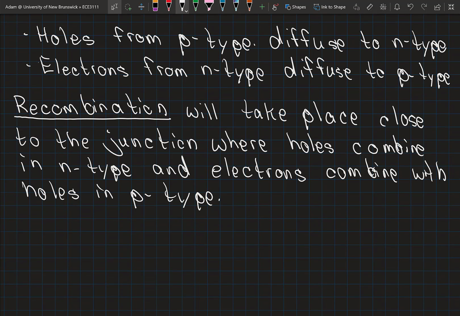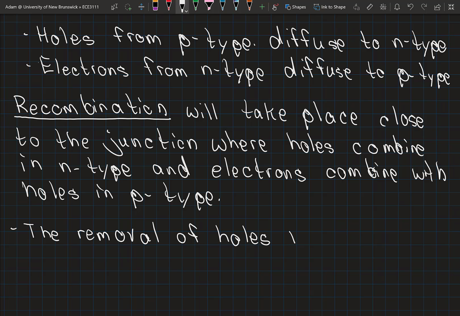Okay, now, keeping in mind that the p-type material was initially neutral, right? When we started out with the two separate pieces of doped semiconductor, that p-type material was initially neutral, but now we've essentially removed some holes as that recombination occurred, or as the holes made their way into the n-type material.